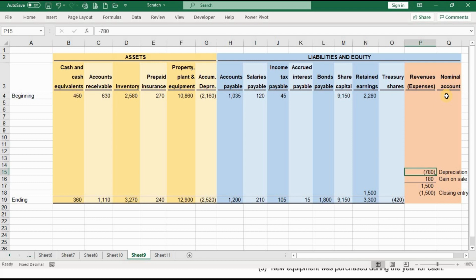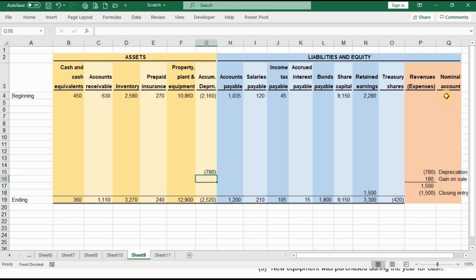Now, since we are using the expanded accounting equation, the equation should always be balanced, the total of the left side and the right side. So since on the right side for depreciation, we have a debit to depreciation of 780, the normal entry for depreciation includes a credit to accumulated depreciation. So that is why there must be a credit to accumulated depreciation also for 780 pesos.